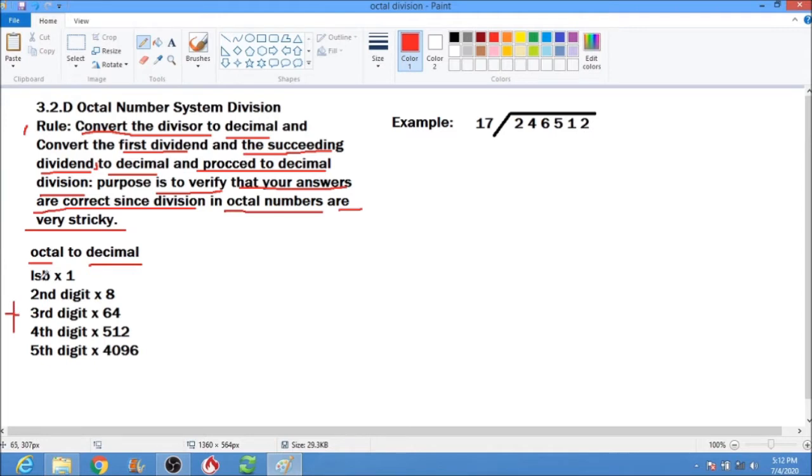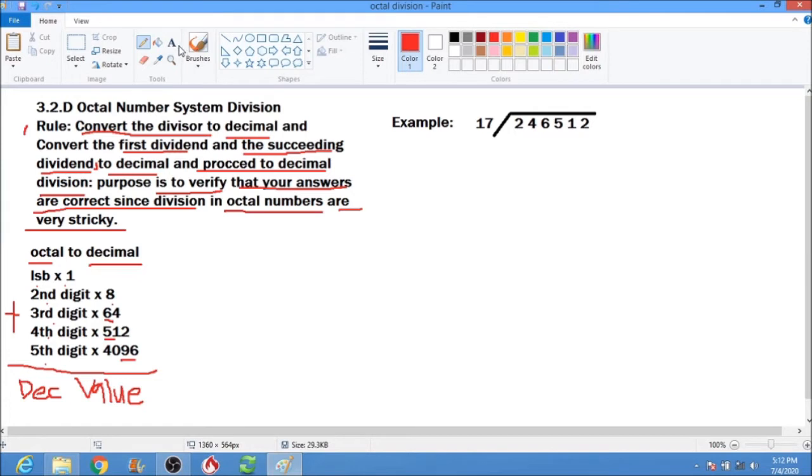For an octal number, the least significant digit is multiplied by 1, the second digit by 8, the third digit by 64, the fourth digit by 512, and the fifth digit by 4096. Sum it up, and the sum will be your decimal value.